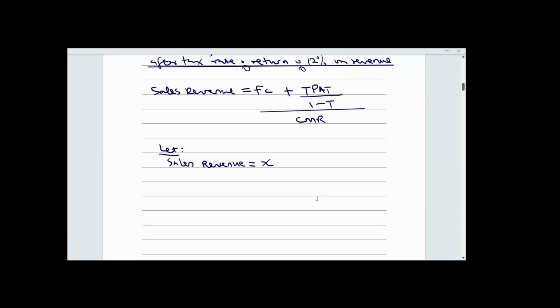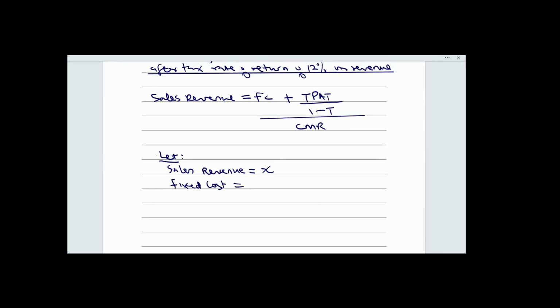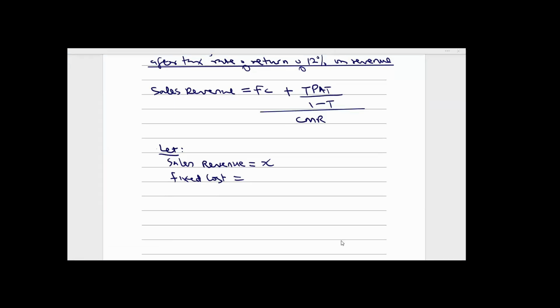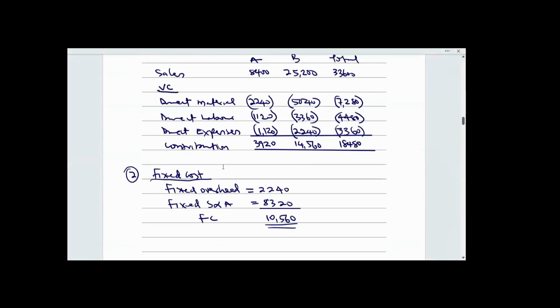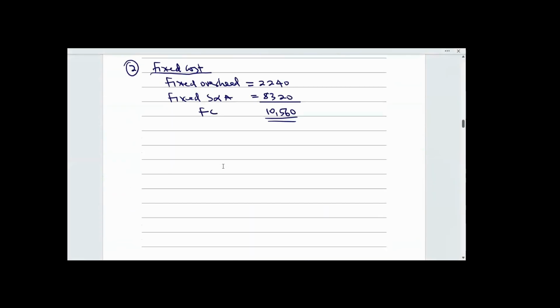Then my fixed cost. Fixed cost has changed. So we need to go and calculate fixed cost. The examiner told us in the question that an additional 456,000 Naira will be spent on advertising. That means fixed cost has increased. Therefore, I will go back and do an adjustment for my fixed cost. My revised fixed cost, number 3. The existing fixed cost is 10,560,000.